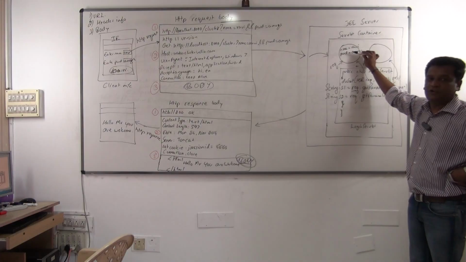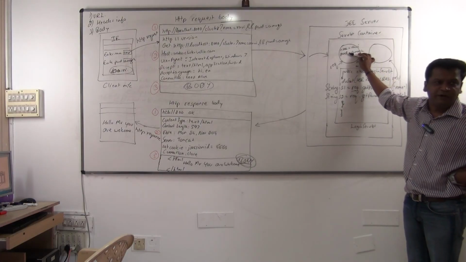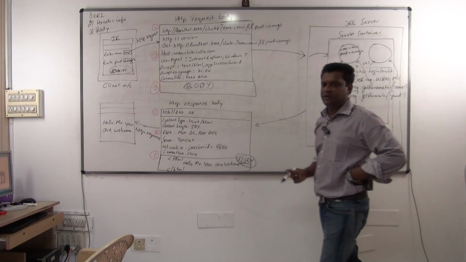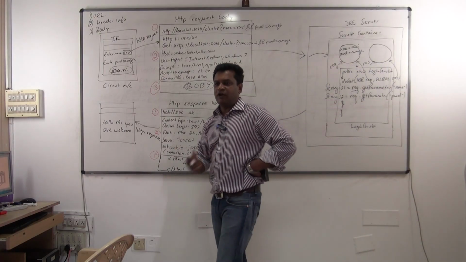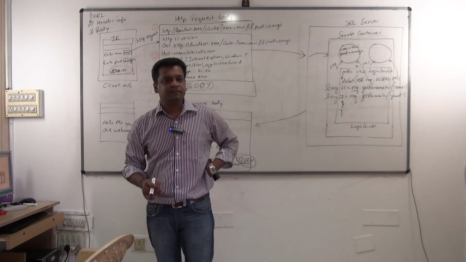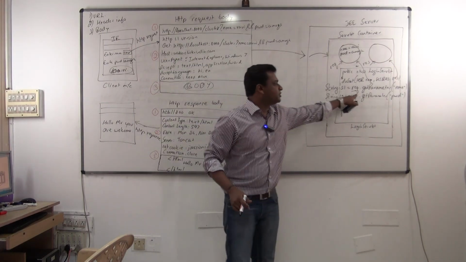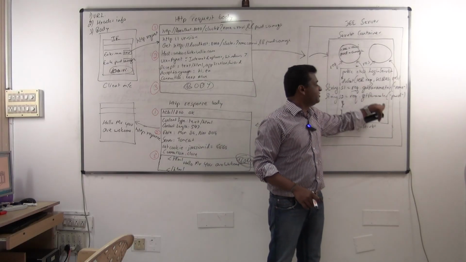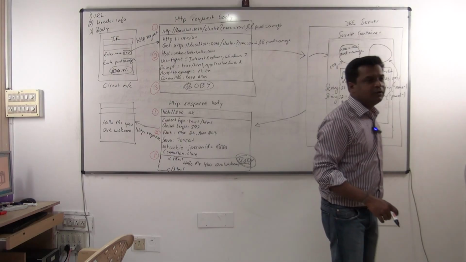This request object will be sent as an argument to your doGet method. doGet has two parameters, so these are the two arguments implicitly sent by the container to the doGet method. And you call request.getParameter("nme"), request.getParameter("pwd"). That is how you receive the values into your program.